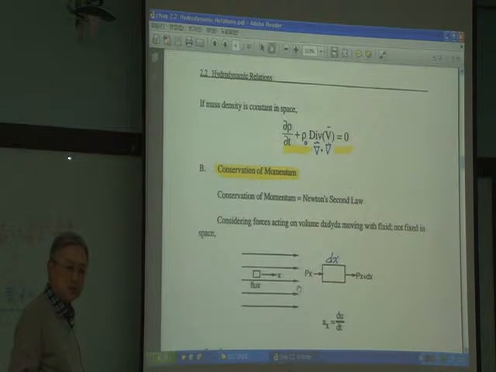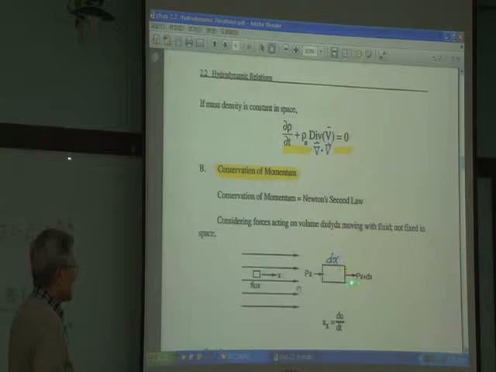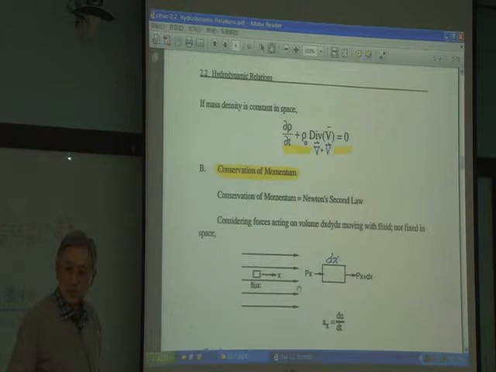Then you are considering the pressure, at one side p at x, the other side p at x plus dx. This is only in the x direction, but you can consider the y and z directions. So the vector sum, you can have it.